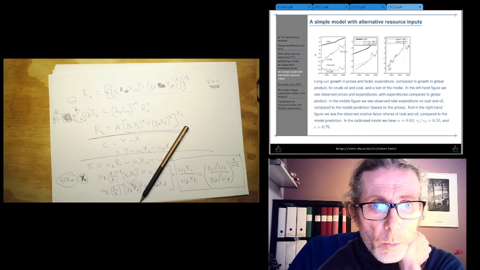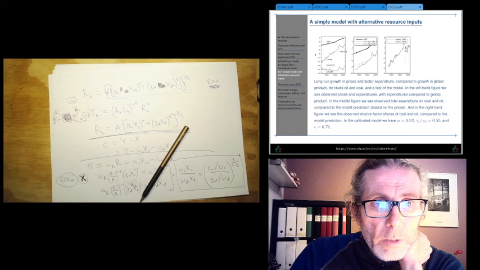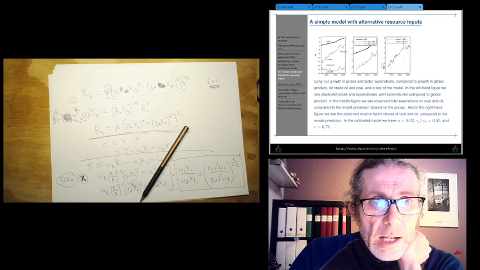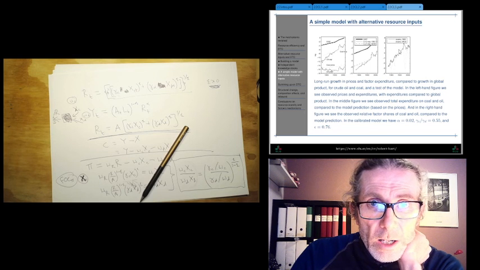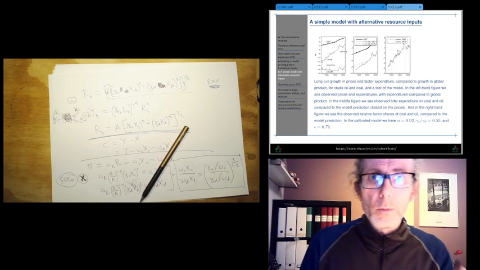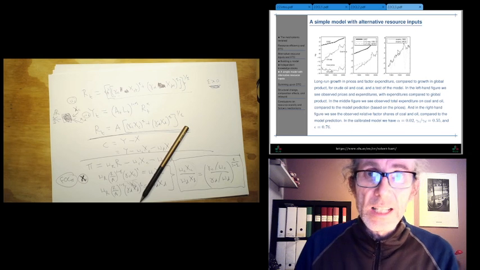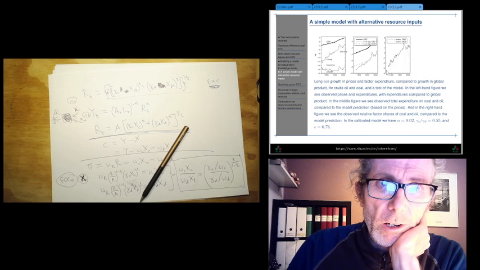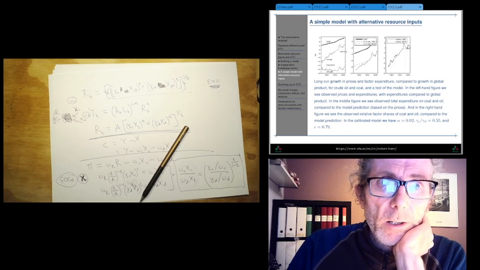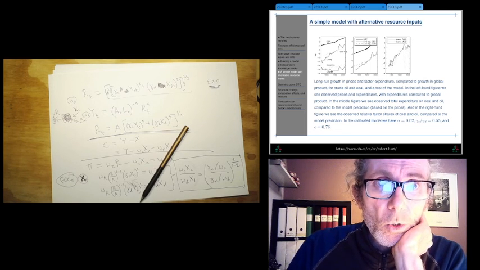And in the third one we see the observed factor share of coal and oil relative to each other and the modeled shares. Okay, the fluctuations tell you the model is not dealing with very short run price fluctuations well, which is exactly what we expect, because the model is not capturing the sort of inelasticities in the market in the short run. But in the long run it is capturing very well, or pretty well.